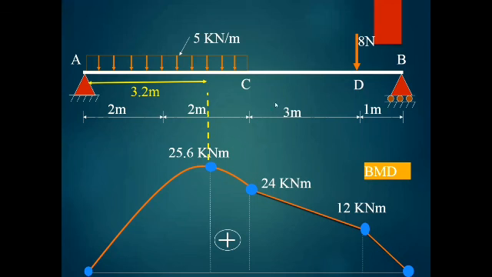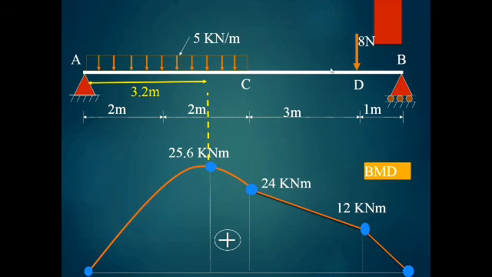Now as you can observe here, between C and D it's a straight line. Between D and B it's a straight line. But between A and C there is a UDL, so I am drawing a curve. But look at the curve. It is not a curve where you can draw it any way. It is starting from A, going up to this point, and from this point it is going down.